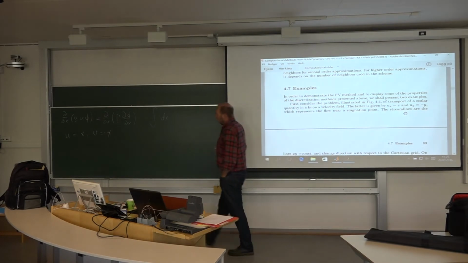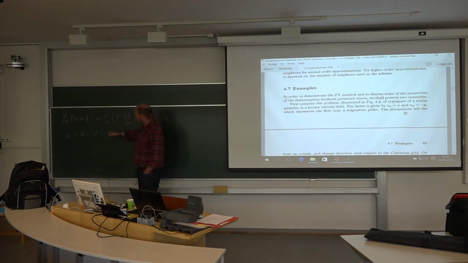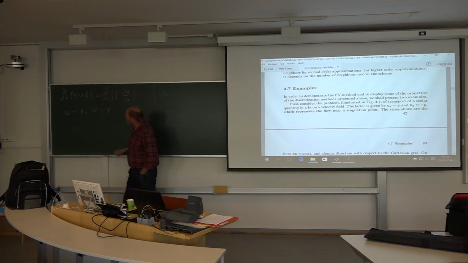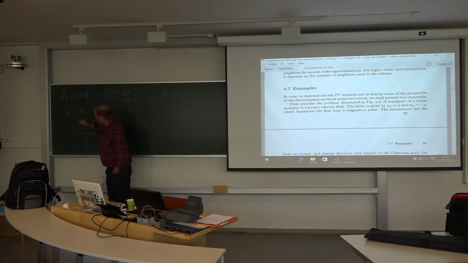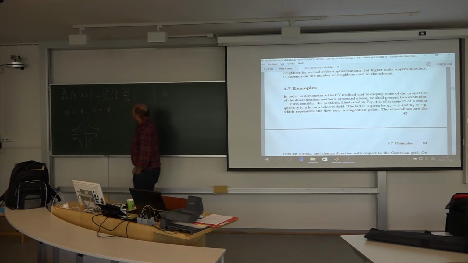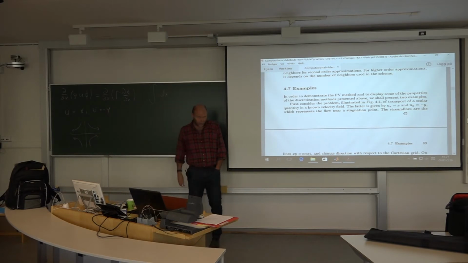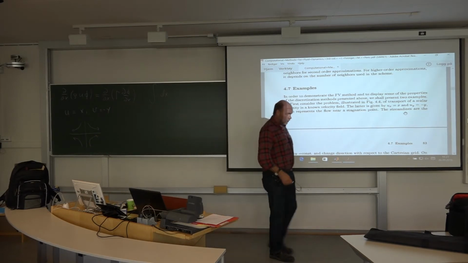And if you want to have a look at what kind of flow we are talking about, it's the stagnation flow. It goes something like this. So the streamlines just become hyperbolas.